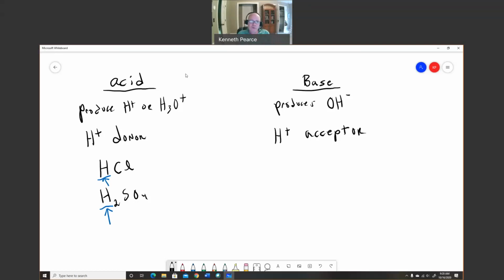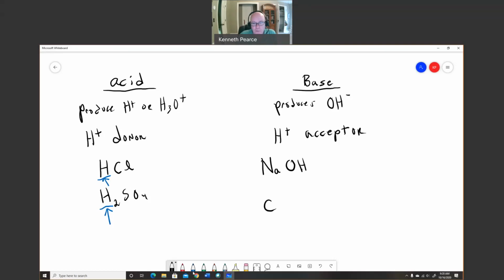Okay, so acids produce H plus or H3O plus and are H plus donors, and bases produce OH minus and they're H plus acceptors. Now, the way you can tell that you have a base many times is because it's going to have the hydroxide on the back end.